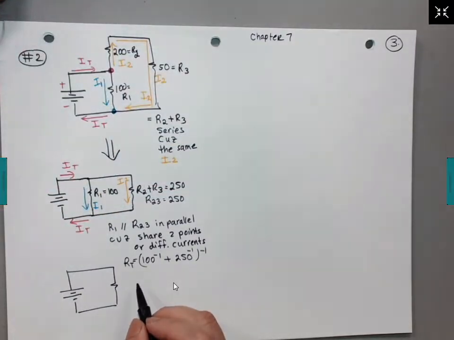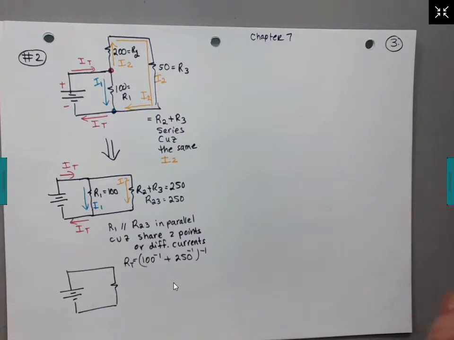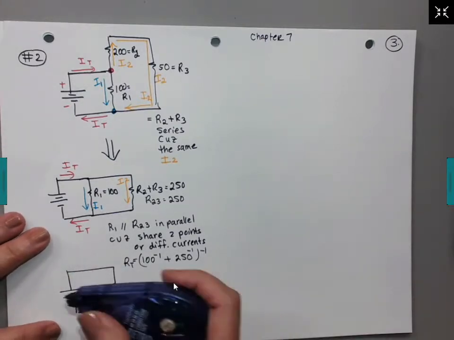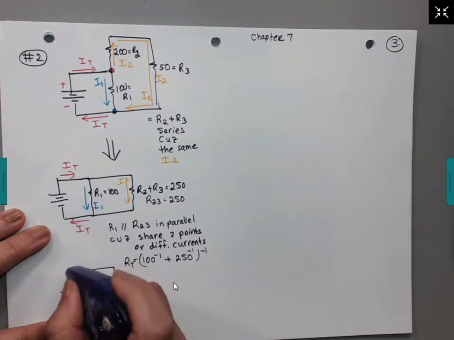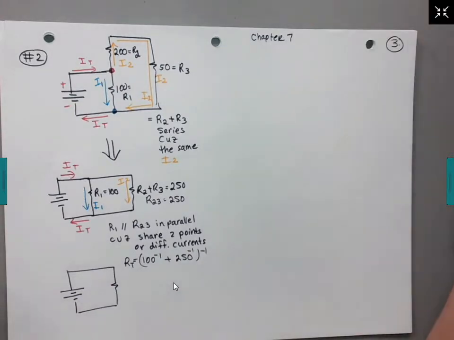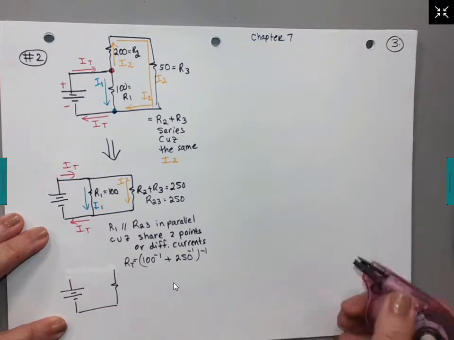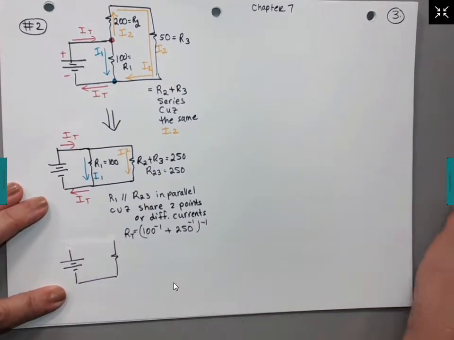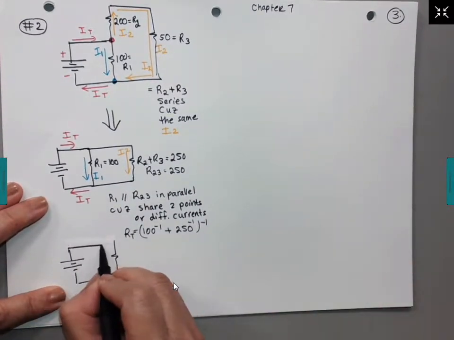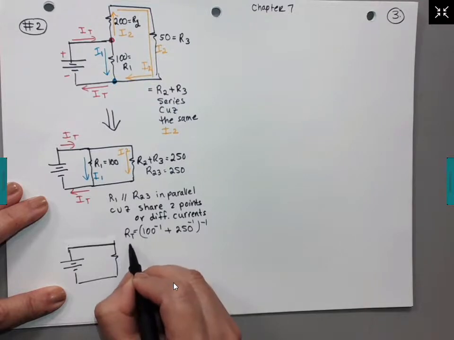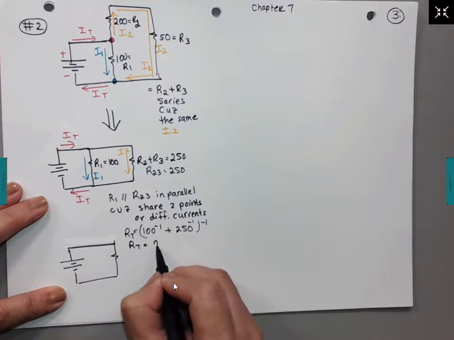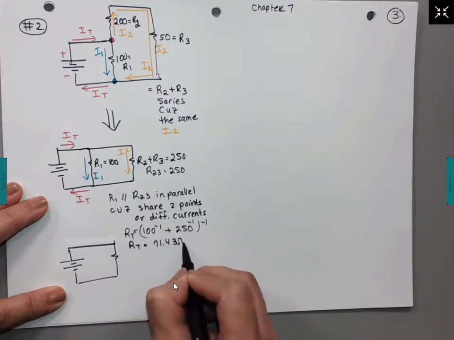I hope so. 71.43. You should try with me right here, guys, because if you're not getting that, we can go and try it. So RT is equal to 71.43 ohms.